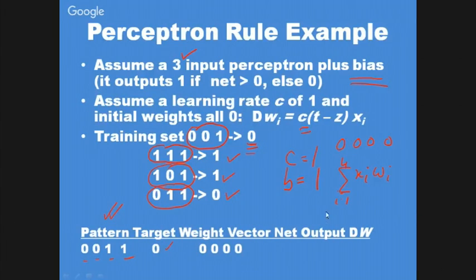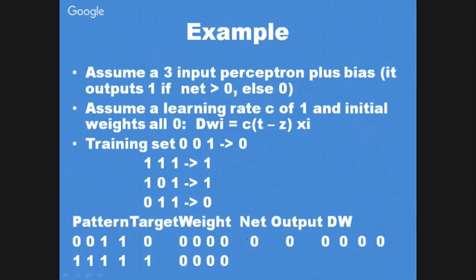So if we do the multiplication and addition, 0 into 0 will be 0, 0 into 0 again will be 0, 1 into 0 again will be 0, and 1 into 0 again will be 0. That means the total net will be equal to 0. So I have written net equal to 0. If the net is equal to 0, what will be the output?